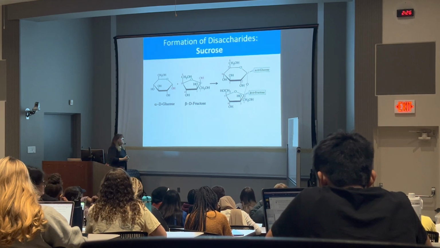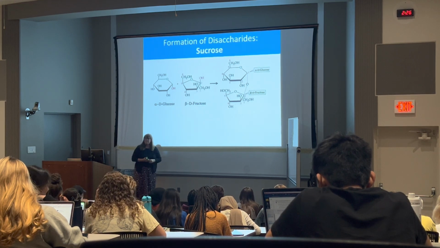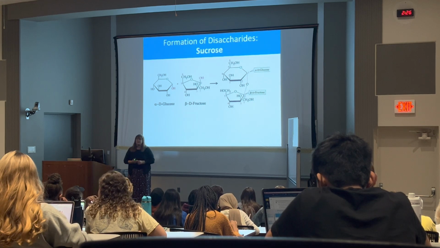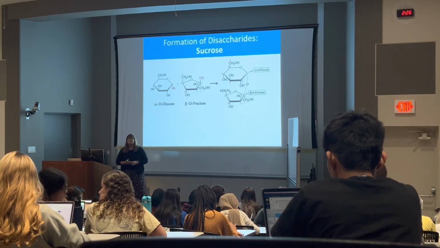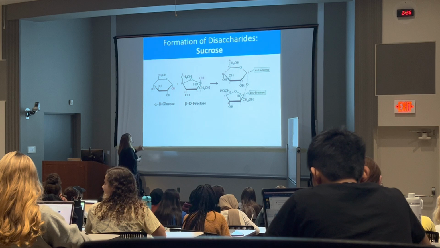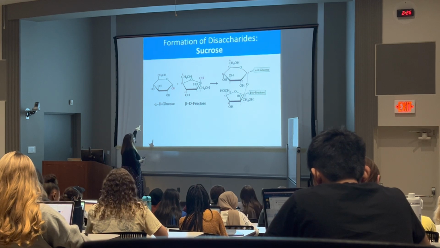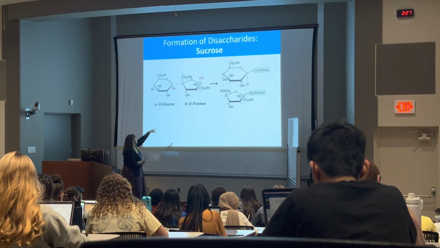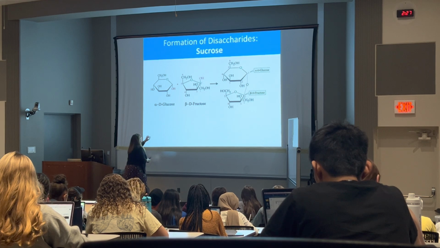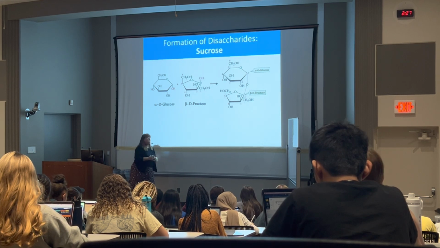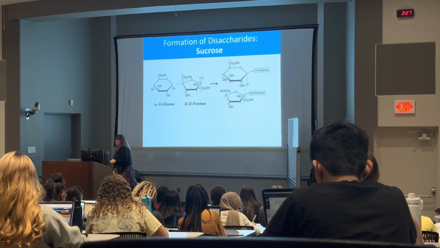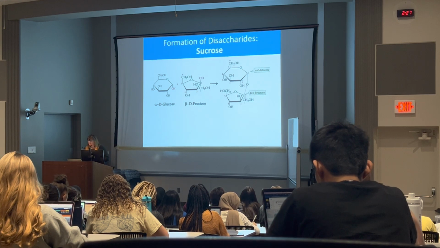So here's one. This is sucrose. This is your table sugar. Your table sugar is made up of alpha D-glucose and beta D-fructose. So you're going to combine these two together, but it doesn't look quite like the other ones.